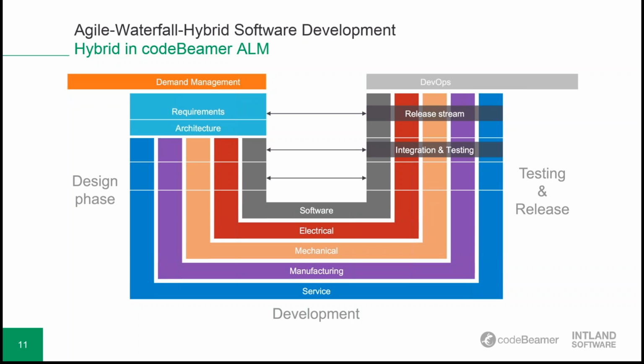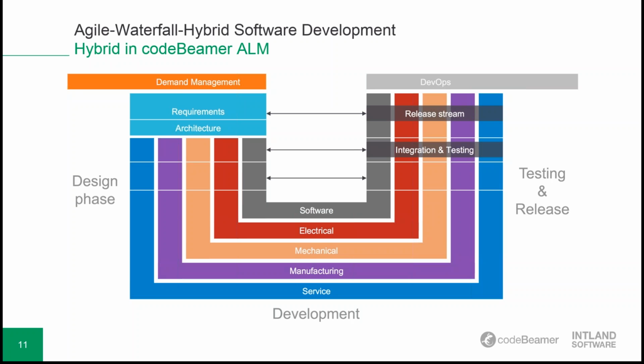Normally you develop these components separately. So you developed the software part separately from the physical, let's just say physical components, the electrical parts, for example. But at the end, you need to integrate them. So once it is all integrated, then you need to test.